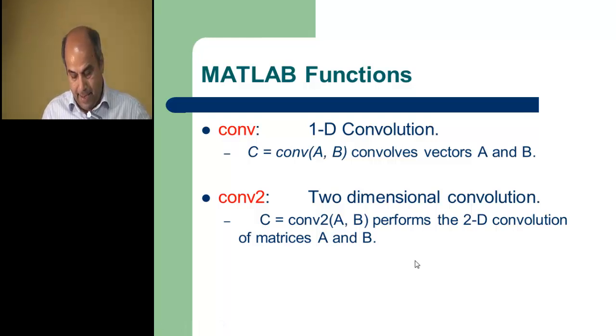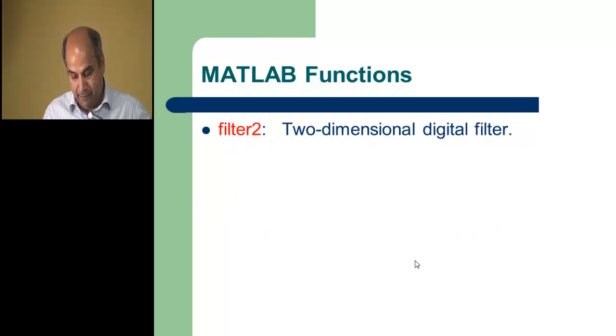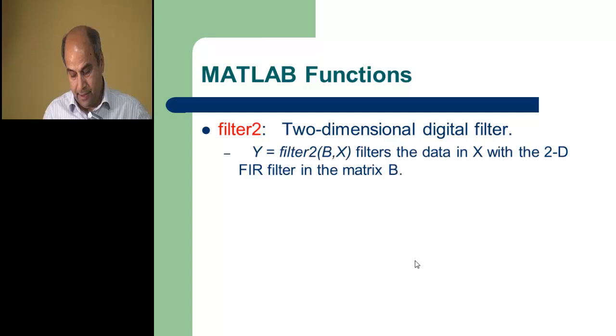Okay, and then we have filter2, so it can be any digital filter. Here it will filter the data in X with this filter, and you can define what that filter P is.